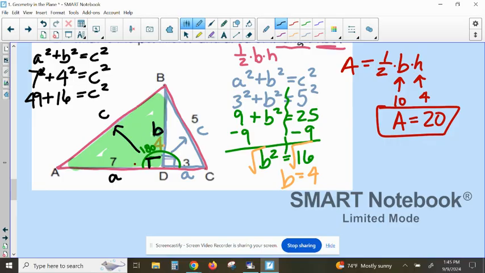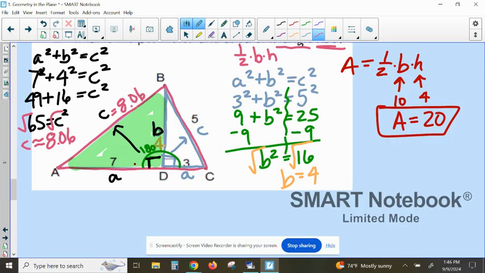What's that? So 65 equals C squared. Square roots. So C is approximately what? 8.06. So this side we think is 8.06.